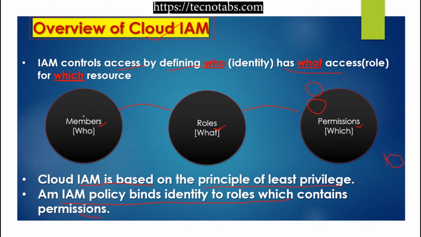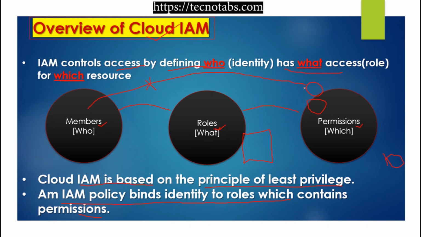Your members cannot directly access this resource. These members have to go through the pipeline, that is, they have to get access to the roles, and these roles are nothing but a set of permissions, you can say.